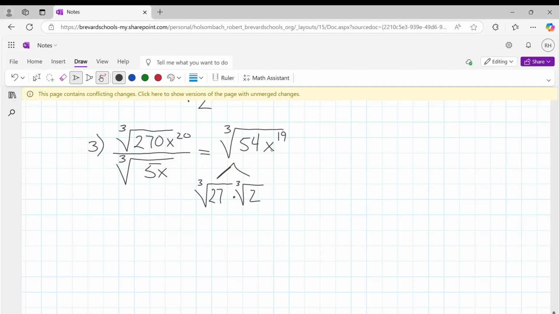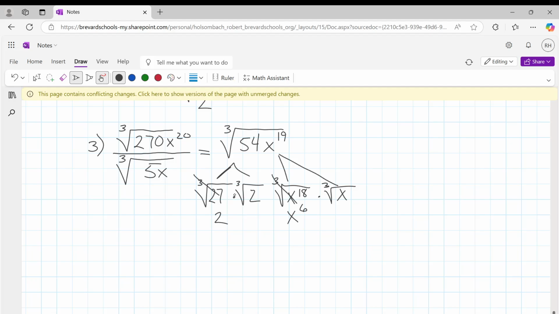And this third root of x to the 19th simplifies to the third root of x to the 18th times the third root of x. It's x to the first, but we don't write the 1. So now this third root of 27, that's a perfect cube. That's equal to 2. The third root of x to the 18th, that's another perfect cube. That's equal to x to the 6th.